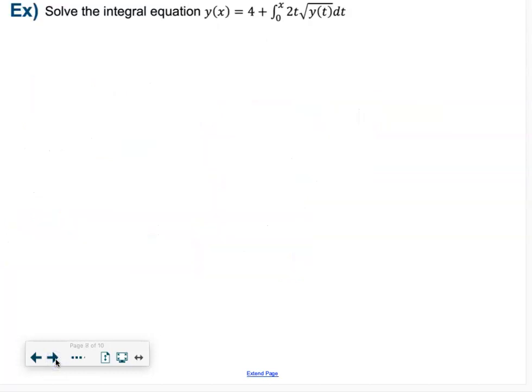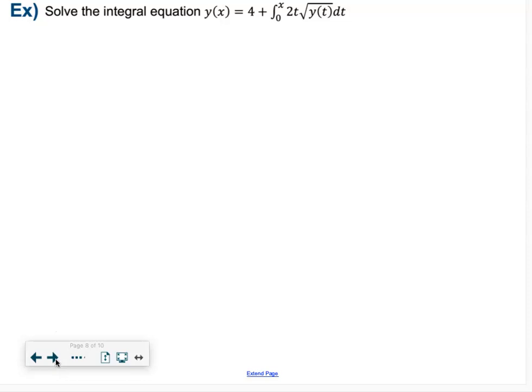Okay, this next slide is not on your test. It's in your homework, but I'm going to skip it just in case we run out of time, because the slide after this is on your test and it's a big deal. If you have to solve an integral equation, you take the derivative of both sides.